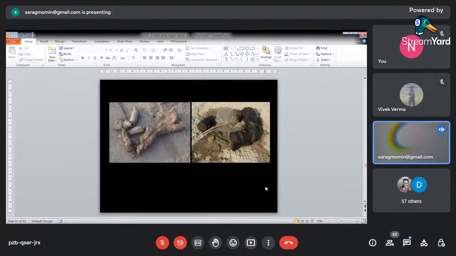So these are two different fecal matters belonging to two different species. Can you distinguish? Sir, tiger. One is tiger and another one is leopard.